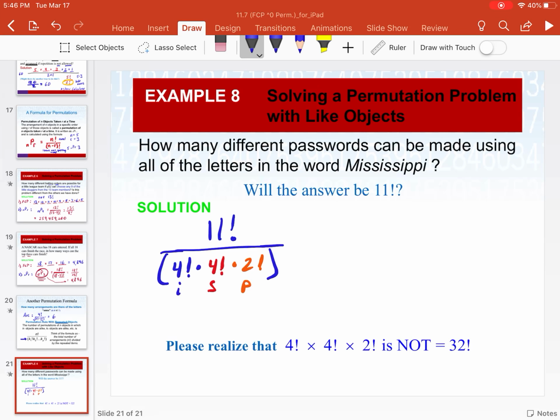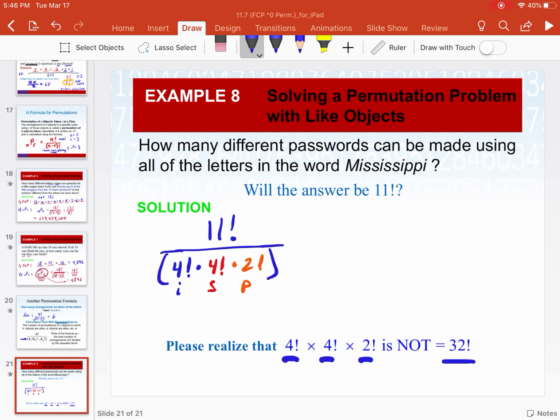Okay, so there you go. 11 factorial divided by 4 factorial times 4 factorial times 2 factorial. And be careful, as it says down below, you can't do like 4 times 4 times 2. 4 times 4 is 16, times 2 is 32. That is definitely not the same as 32 factorial. 32 factorial is a huge number that your calculator probably could not even do.